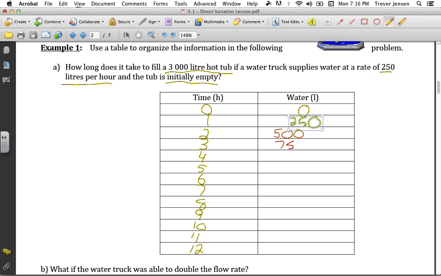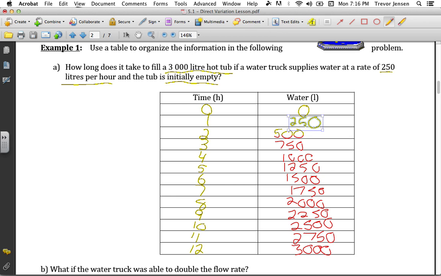So let's complete our table. 1250, 1500, I'm halfway there. 1750, 2000, 2250, almost done. 2500, 2750, and finally I've filled the tub with 3,000 liters of water.